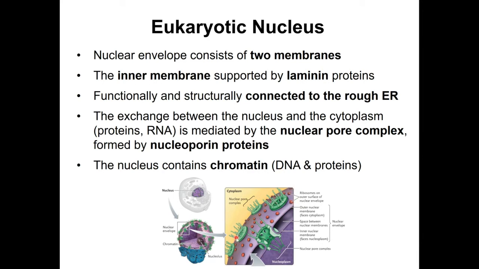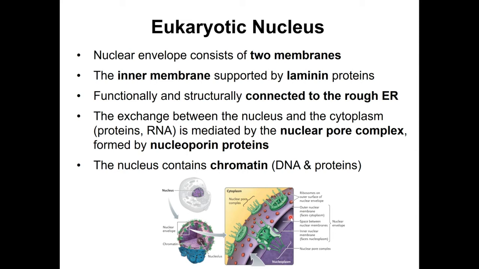Now, this double membrane represents a big barrier between the cytoplasm and the inner part of the nucleus. So the movement of material between these two compartments in one direction or the other is strictly regulated through structures made by hundreds of proteins called nucleoporins. These structures are called nuclear pore complexes. Each one of them is one complex, which tightly regulates what moves in and out.